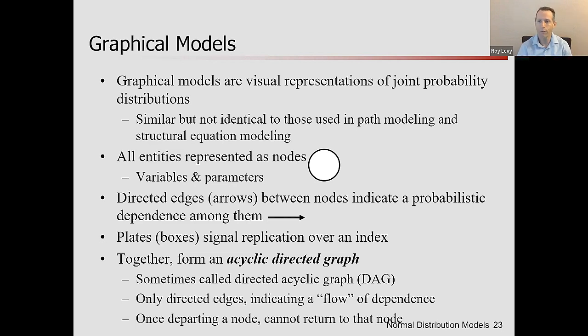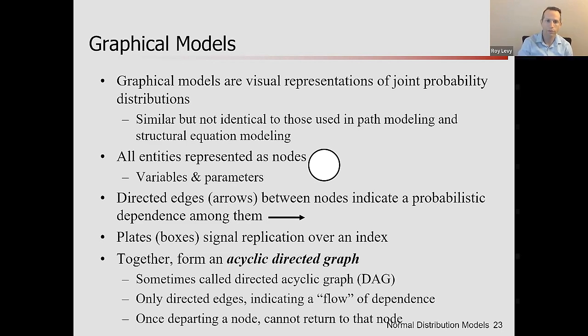In our graphical models, we will have directed edges, or one-headed arrows. Directed, meaning from a source to a destination. And those one-headed arrows indicate a probabilistic dependence among those variables. Something depends on something else. We will have plates, which are really just boxes or rectangles, that will signal replication. We'll show that a little bit.